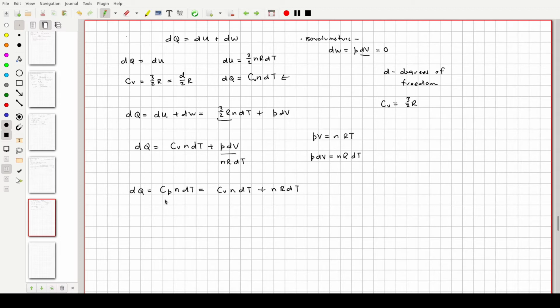And take a look at this. There's a whole bunch of stuff here that cancels. The dT's, for one, go away. The number of moles go away. And now I have a relationship between the molar specific heat for a gas that has a constant pressure, the molar specific heat for a gas that has a constant volume, and the ideal gas constant.